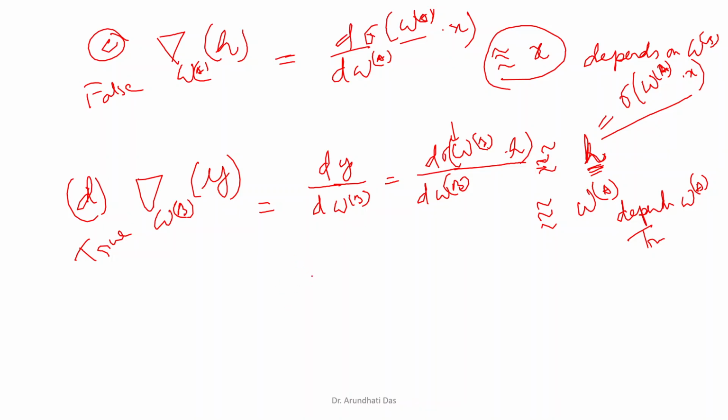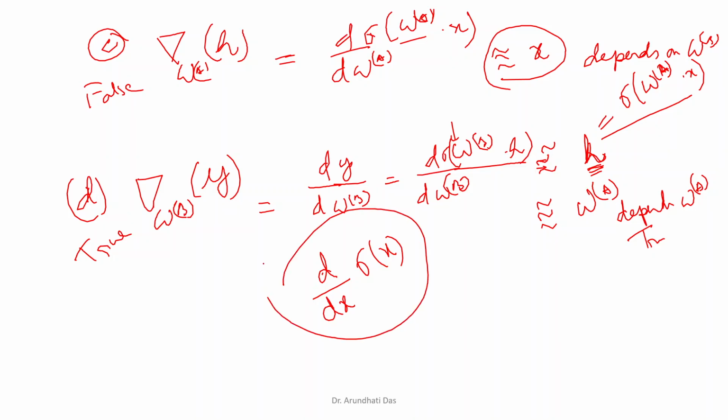Now, just for additional information, whenever we take the derivative of the sigmoid function, the sigmoid is d/dx of 1 divided by 1 plus e to the power minus x.